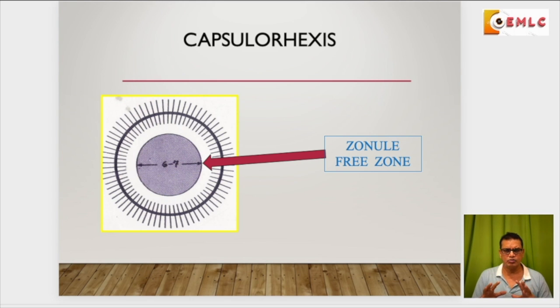In a high myope, where the diameter of the lens is larger, you get a 7 millimeter zone at the center, which is zonule free. You'll have to ensure that your rhexis is in this zonule free area and it's not encroaching into the zonular area, because that will invariably lead to a runaway rhexis.